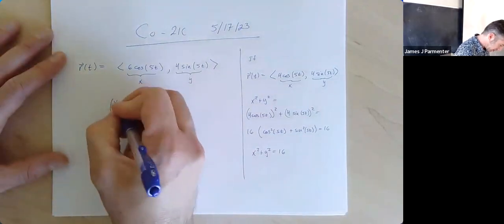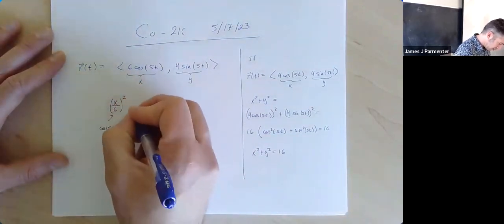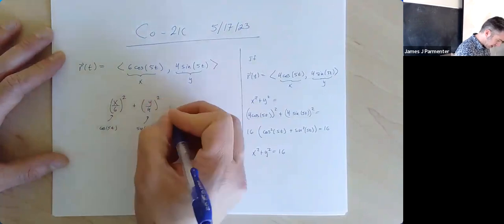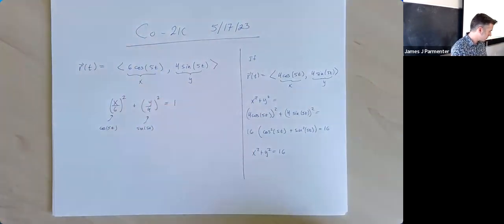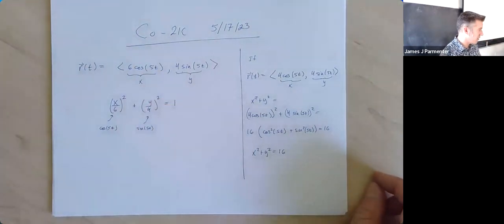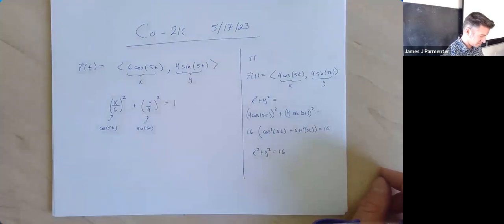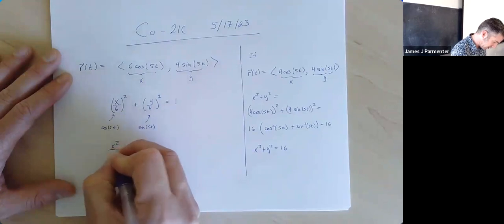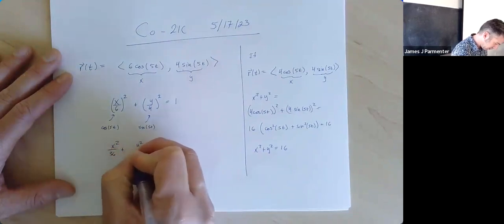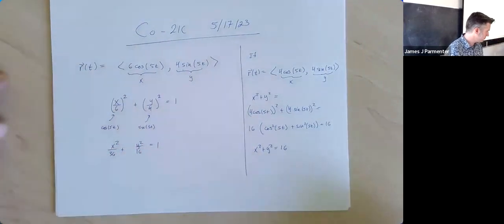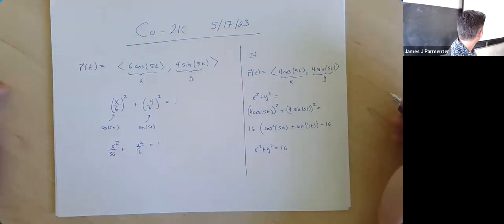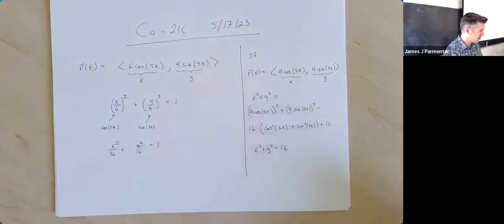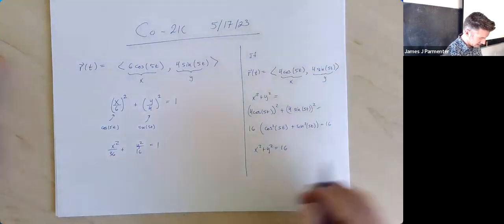So that's going to be the equation: x over 6 squared plus y over 4 squared is equal to 1. And that is definitely the equation of an ellipse. It's more standard to write it as x squared over 36 plus y squared over 16 equal to 1. There are probably other ways of going about this, but that's the way that looks easiest to me.